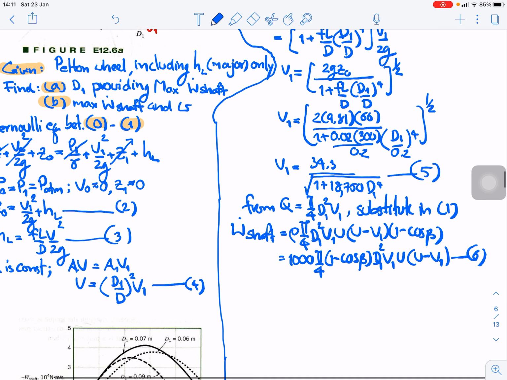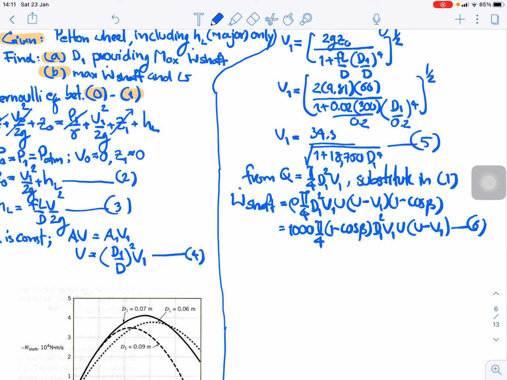Next we substitute V1 from equation 5 into equation 6. This equation is a bit long process.